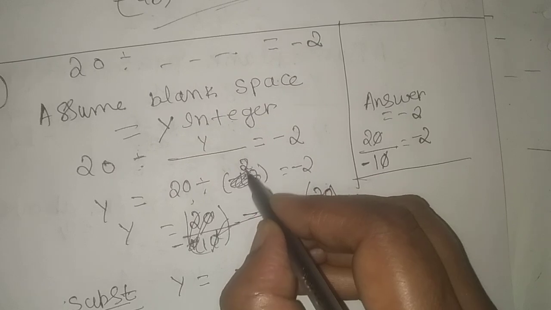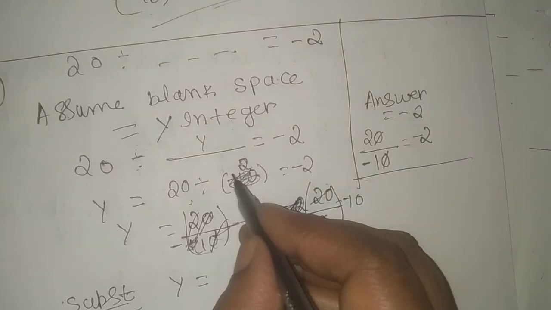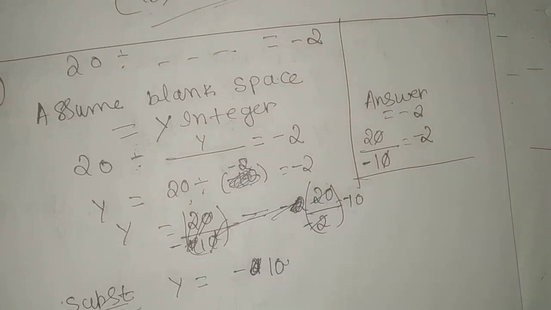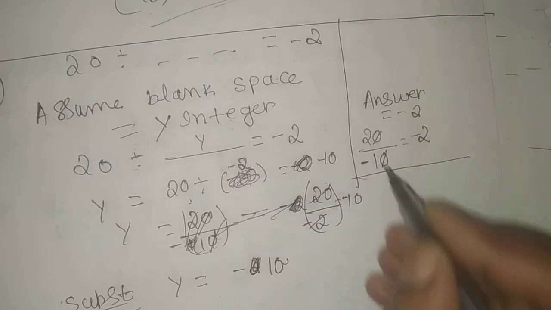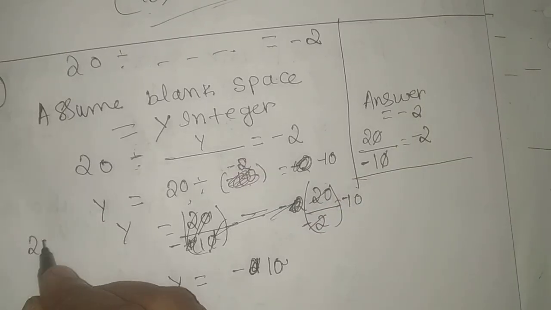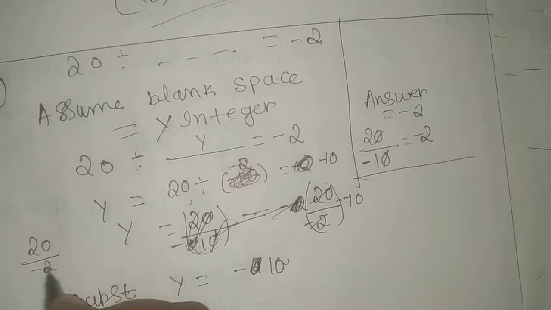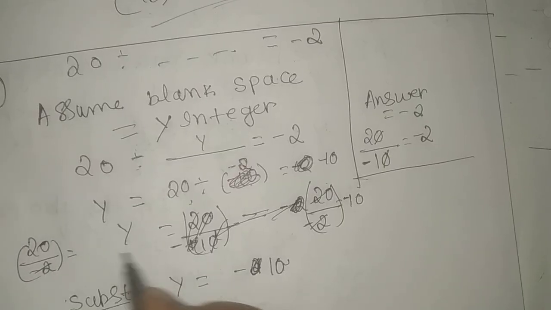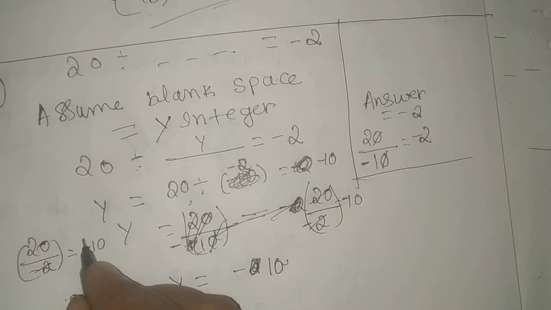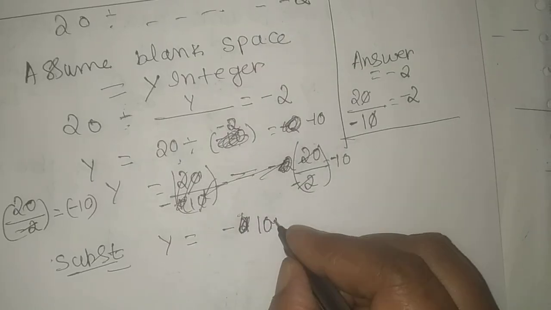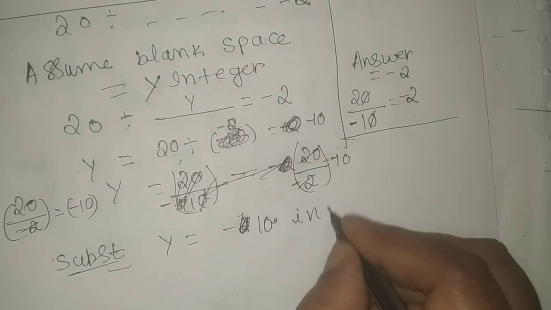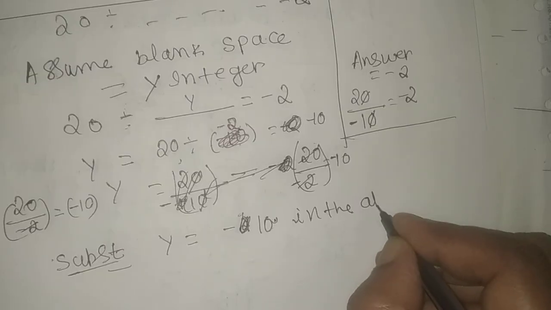Then this one is 2. Correct? Minus 2 is equal to minus 10. Therefore 20 divided by minus 2 is equal to minus 10 is the answer. See, why we have to take, substitute y is equal to minus 10 in the above equation.